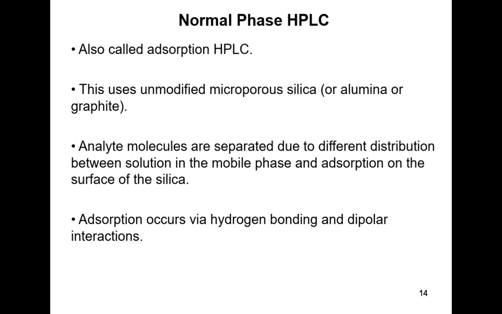So you get an equilibrium set up between being dissolved in the mobile phase and being adsorbed onto the silica surface. Different molecules will have different polarities and therefore different adsorption strengths, so different molecules will have a different equilibrium for how much time they spend attached to the stationary phase.